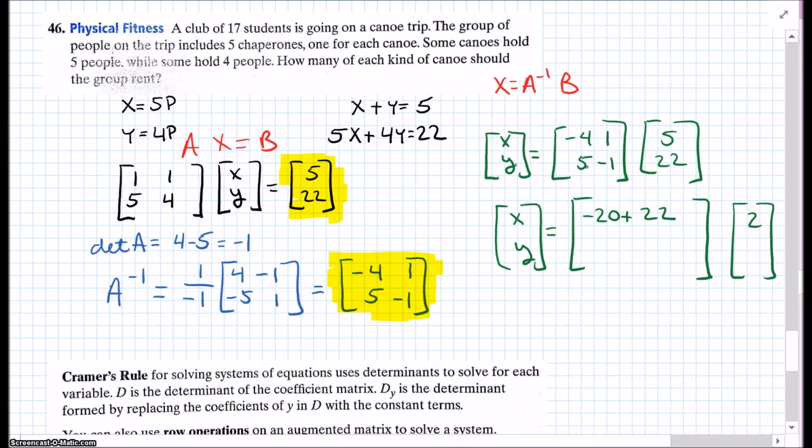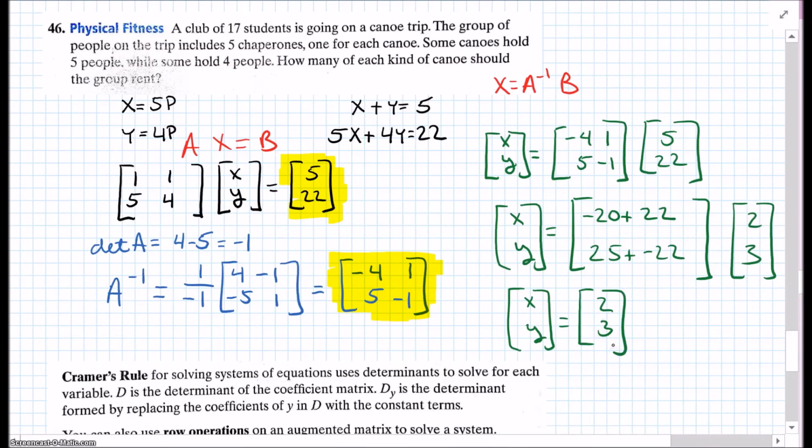Second row, first column: 5 times 5 is 25, plus negative 1 times 22 is negative 22, so it's going to be 3. So we have solved our matrix equation: X, Y equals 2, 3. Our X value is 2, and our Y value is 3.